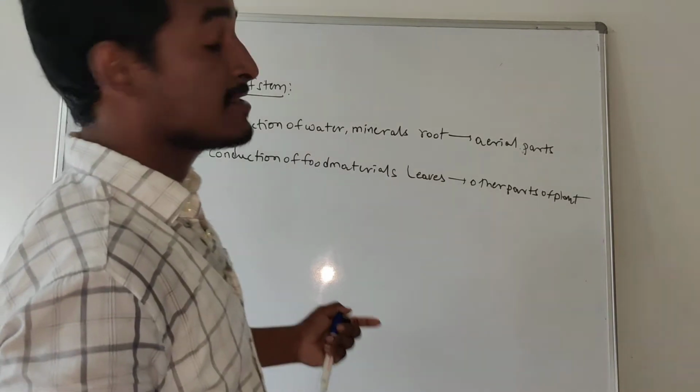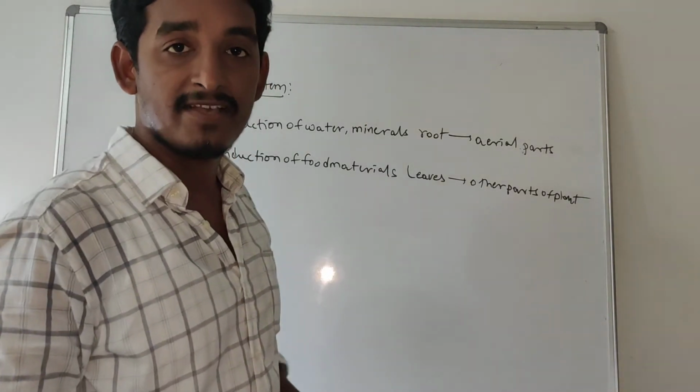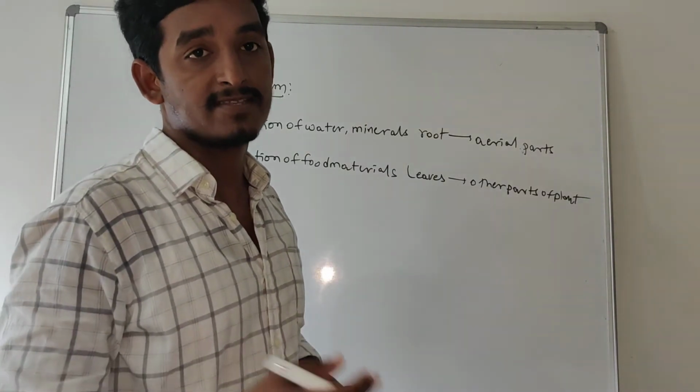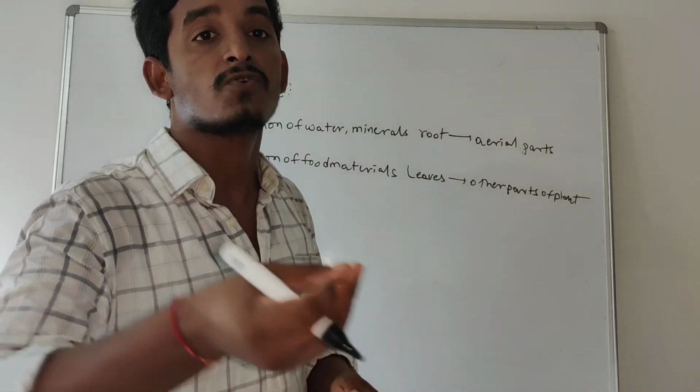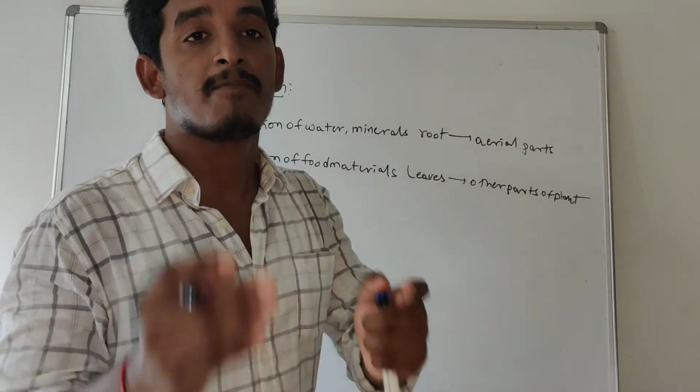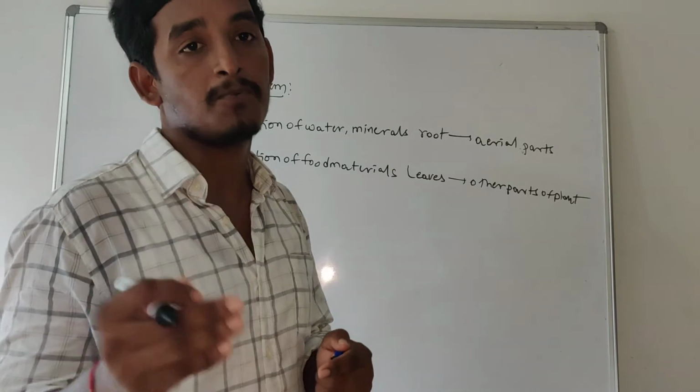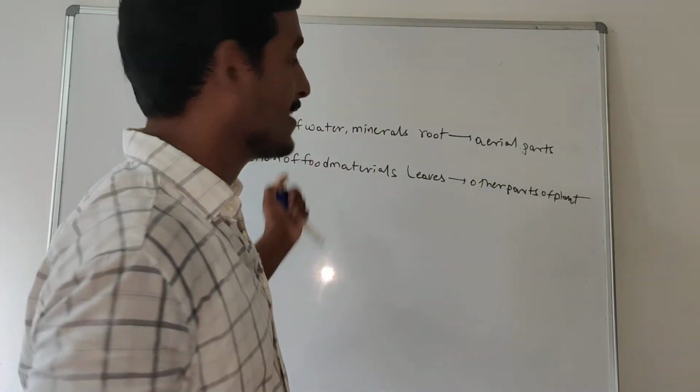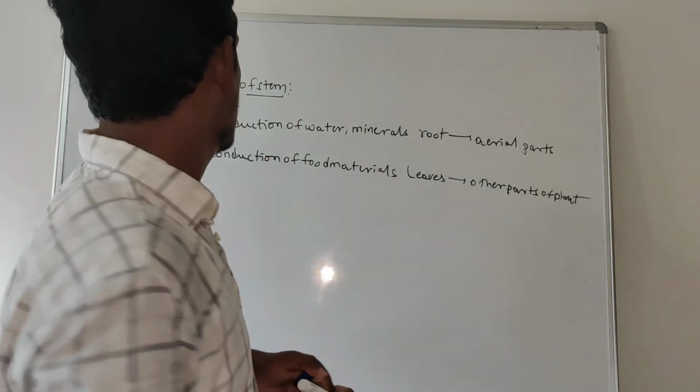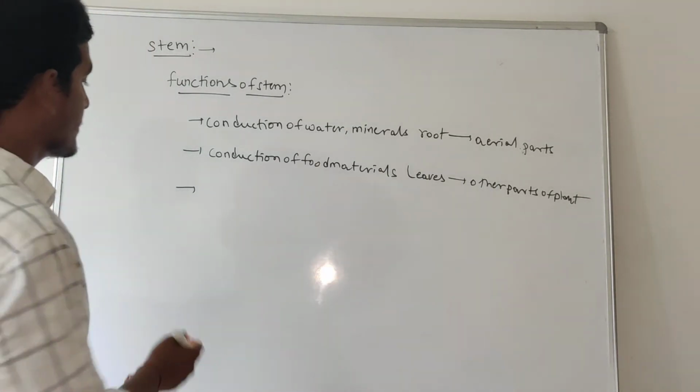So sometimes the stem helps in vegetative propagation, and sometimes it helps to store food material, and it provides mechanical support to the remaining aerial parts. So these are the functions performed by the stem. What are those?